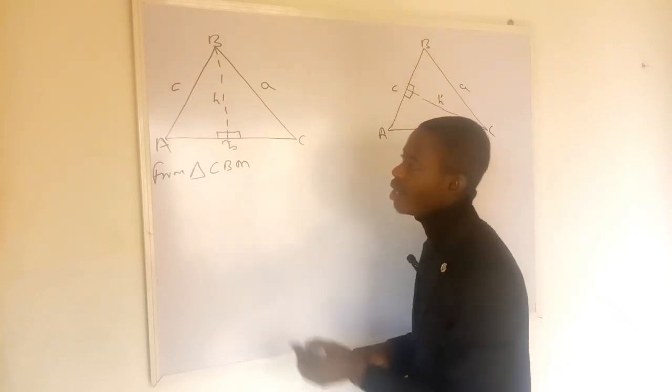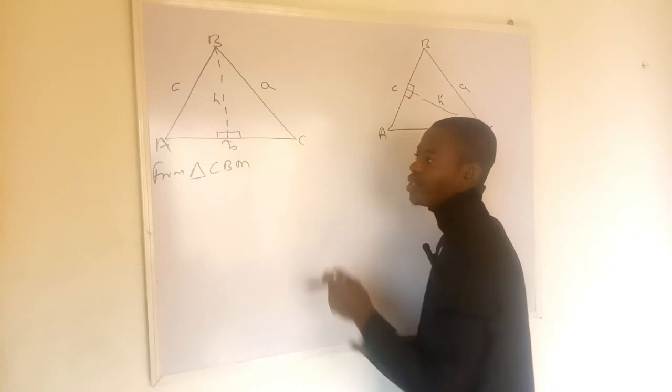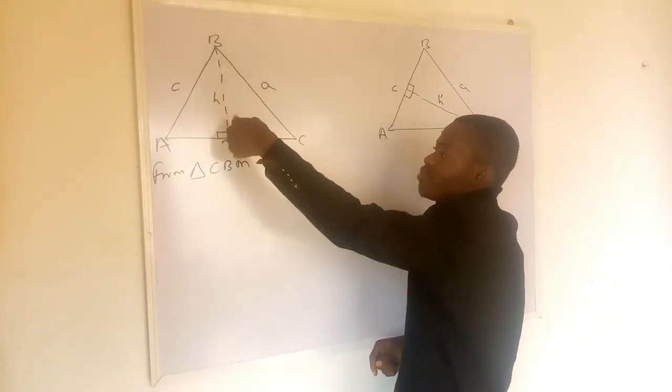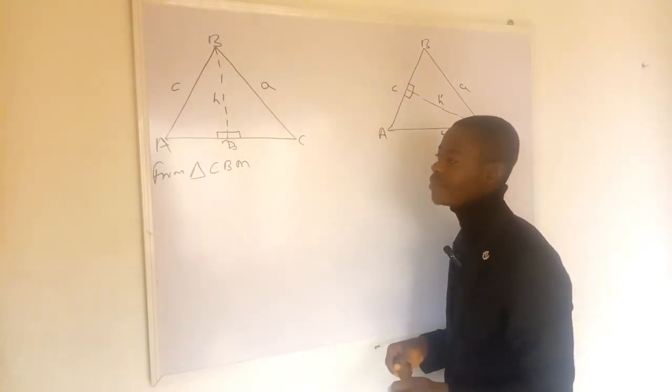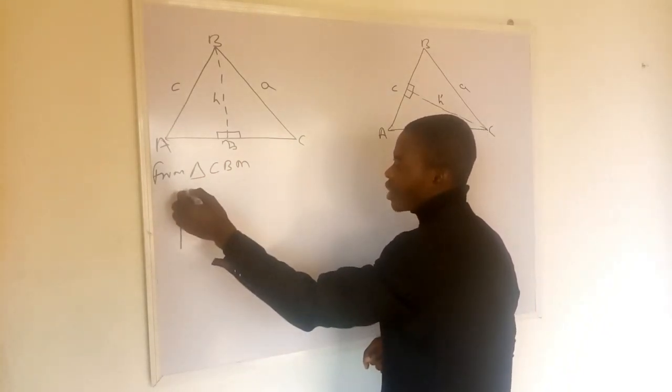B is not it. B is the length of AC. However, M shows us the point where this line H bisects AC. Are we together? From CBM, we have this triangle.